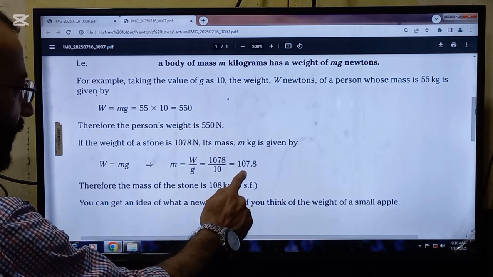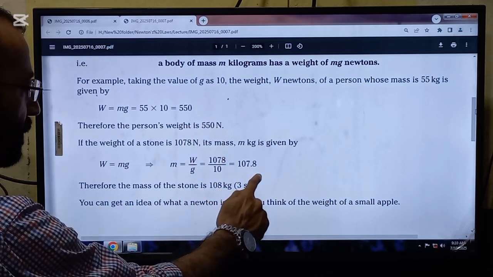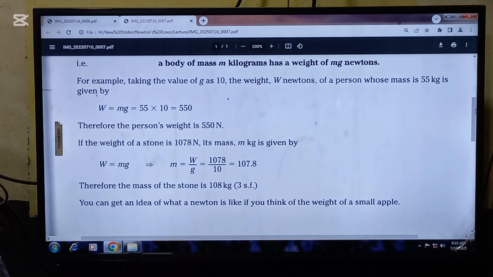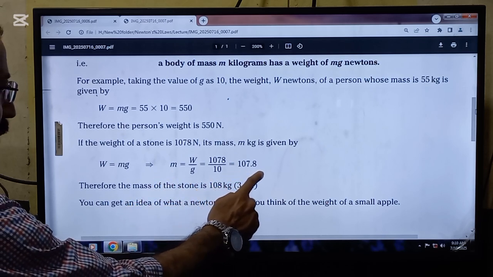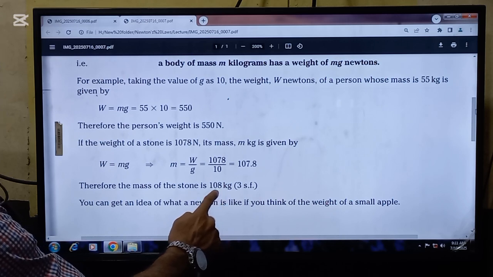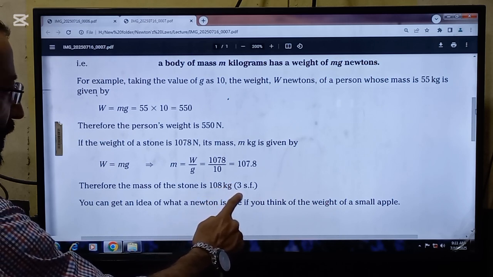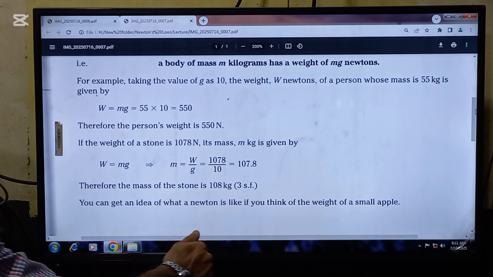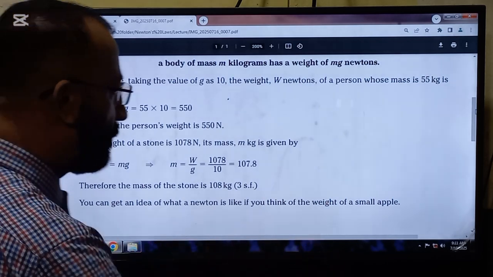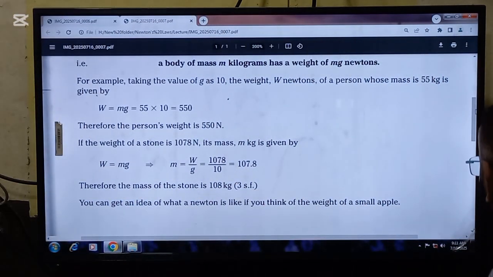So solving it on the calculator, you will get the answer 107.8, because kg, kilogram, is the unit of mass. So 107.8 kg, rounding off to 3 sig fig. You can get an idea of what a newton is like if you think of the weight of a small apple.